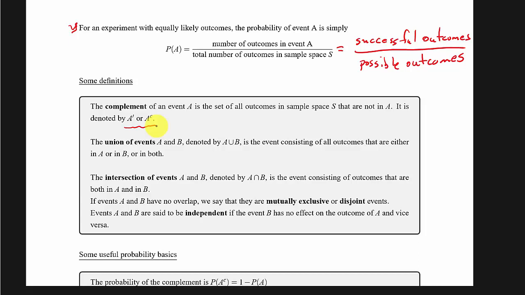Then we have the union of events A and B, denoted A union B, which is the event consisting of all outcomes that are either in A or in B or in both. And the intersection of events A and B, denoted A intersect B, is the event consisting of outcomes that are both in A and B. It's basically what they have in common. So intersection is what they have in common, and union is everything in A plus everything in B combined into one set.